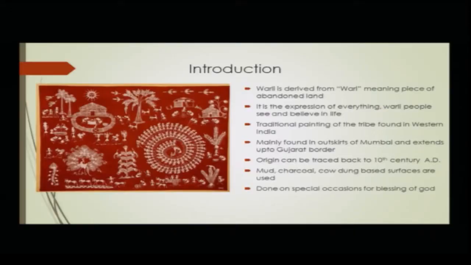These art forms are made on walls and surfaces with a background of mud, charcoal, and cow dung, and the paintings are done on special occasions for the blessing of gods, such as in festivals, in marriage, and in harvesting.